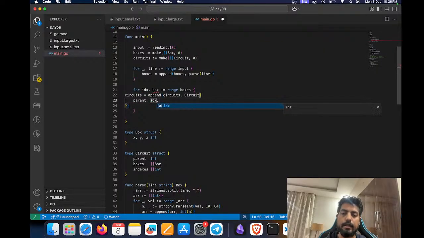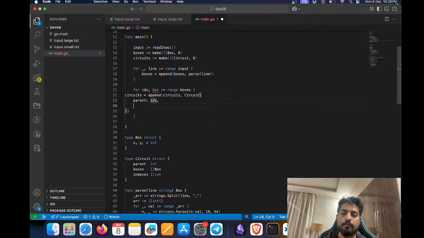So parent is actually the index. I don't think this is the best way to do union find here.